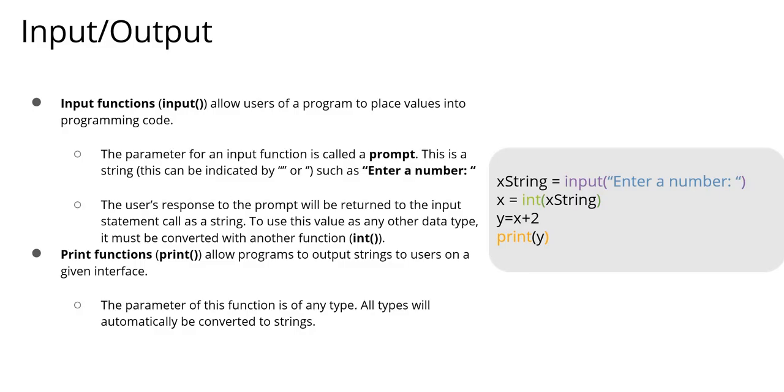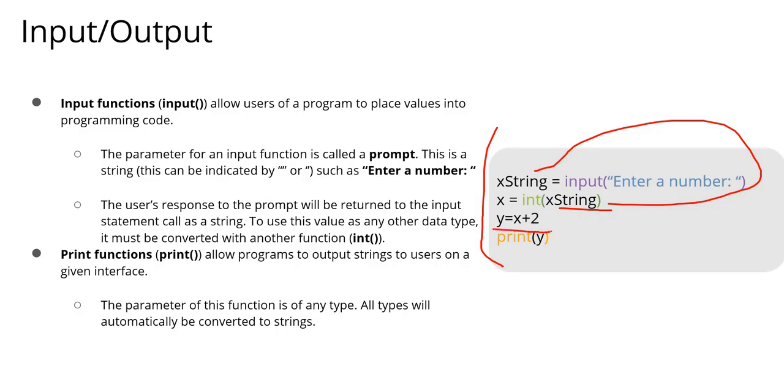This is an actual string, such as "Enter a number". As you can see, x_string is equal to input("Enter a number"), x is equal to int(x_string), capturing the value from x_string, and then y is equal to x plus 2.